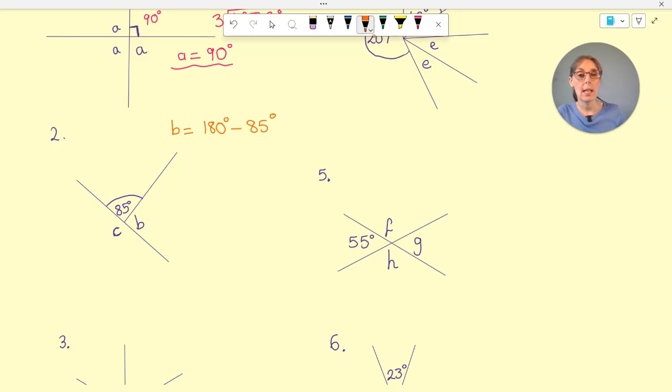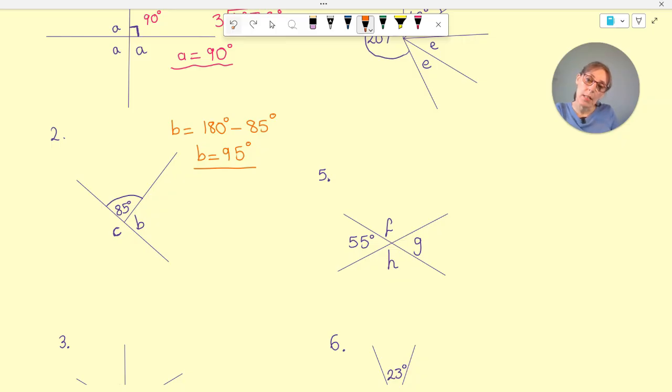Well, 180 degrees take away 80 is 100. And 100 take away 5 is 95. So I think that is 95 degrees. And if I did 95, add 5, that's 100, add 80. Yeah. What about C though?